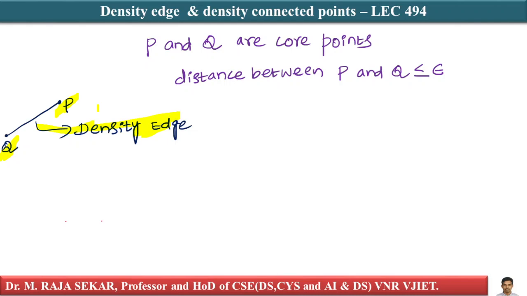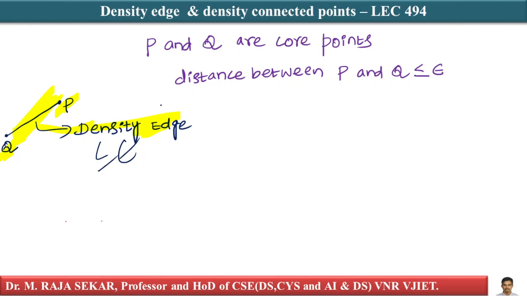Remember, there are two conditions for an edge to be named a density edge. First, both points P and Q have to be core points, which is very, very important. The distance between P and Q is less than or equal to epsilon. That point is important. That's what a density edge means.